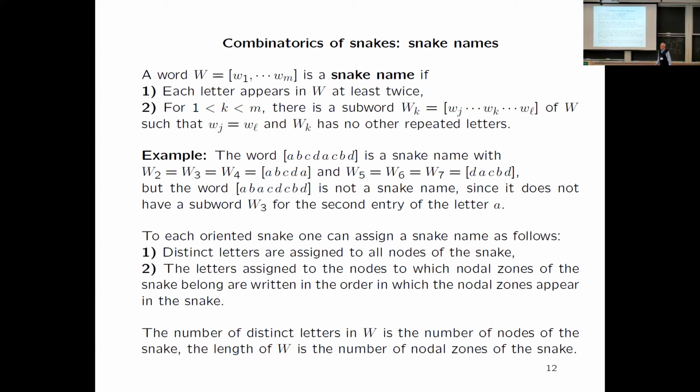In terms of geometry, it means that our WK corresponds to an arc in our snake, or a zone.